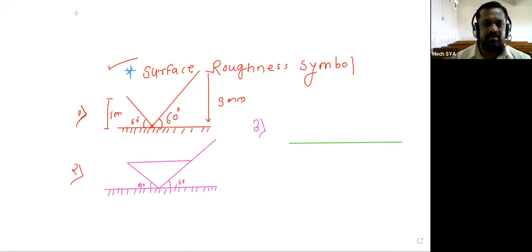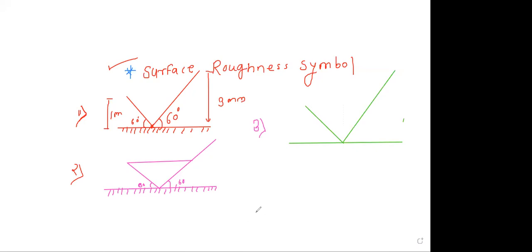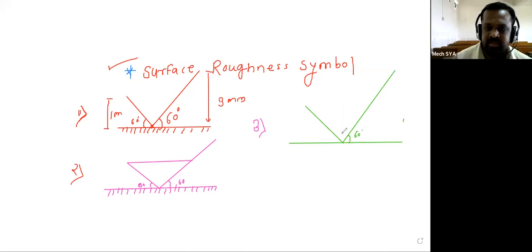So this is the surface. In a similar manner we draw a shorter length line here, and again this bigger, longer line at what angle? 60 degree. This angle will be 60 degree, and again this angle will be 60 degree.